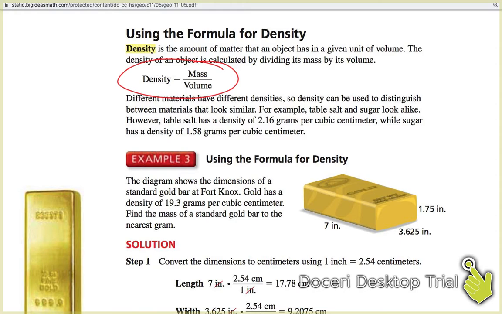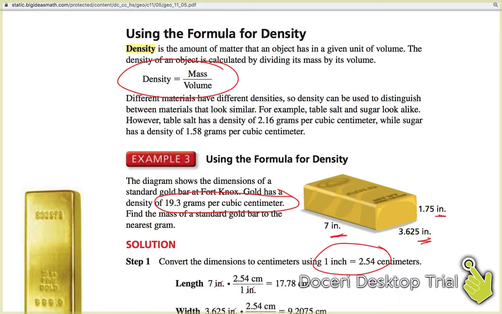The only thing you have to be aware of is sometimes you're going to have to do some converting, right? So here they're giving us the side lengths in inches, but they're telling us the density is grams per cubic centimeter. So they're dealing with centimeters. So we would have to change all of those inches into centimeters. Luckily, they give us that conversion right there. 1 inch is equal to 2.54 centimeters.